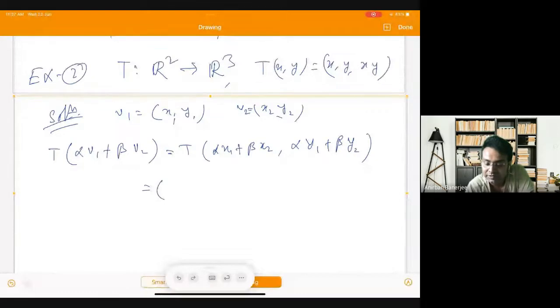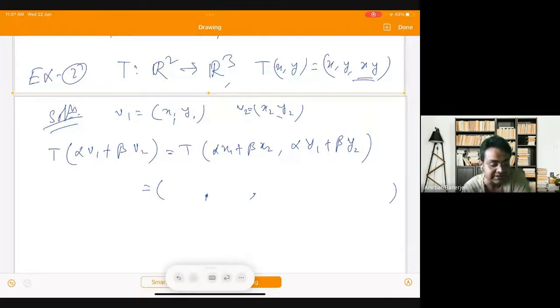Now, I'm not going to write the first coordinate and second coordinate. I'm going to write down the third coordinate because a problem might occur there, as we have this kind of term x into y.